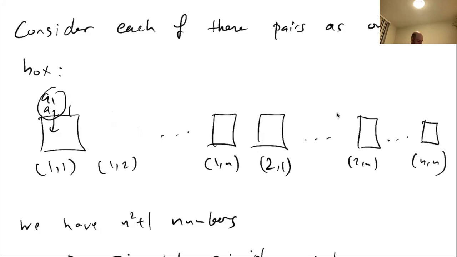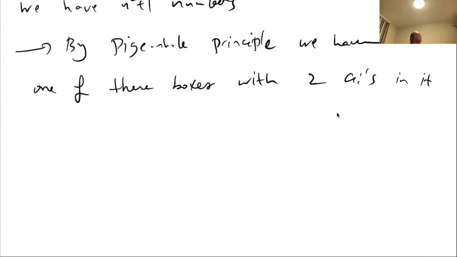So this was just an example to explain the idea. Then we have at least one of these boxes with two a_i's in it. So say a_i and a_j.